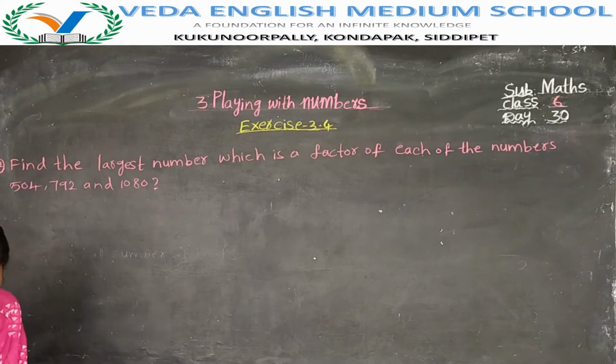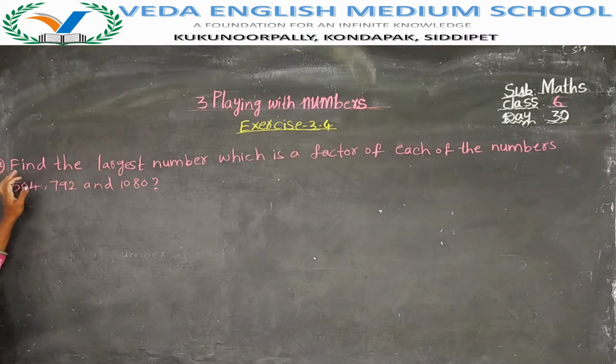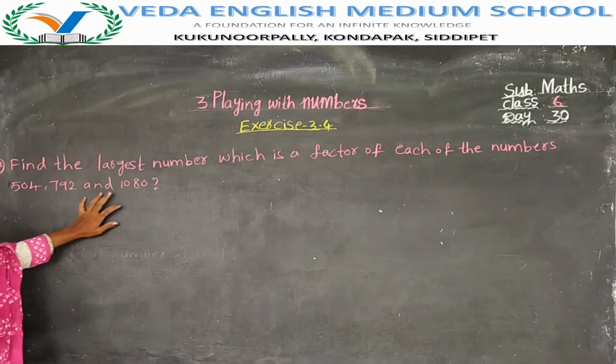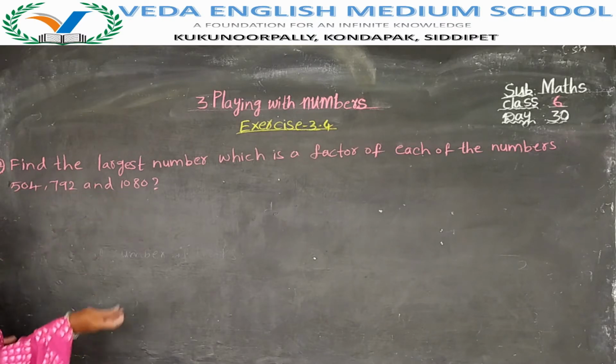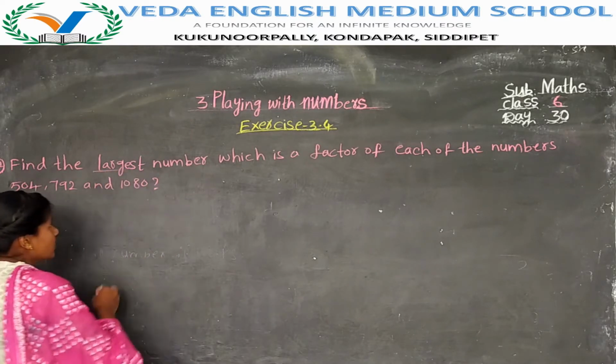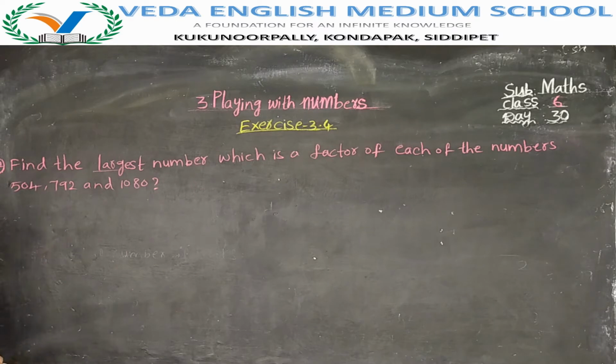Now listen carefully. It is the second question. First bit has completed. Now second bit, first question. Find the largest number which is a factor of each of the following numbers: 504, 792 and 1080. Here you have to remember, largest or greater number, both are the same.